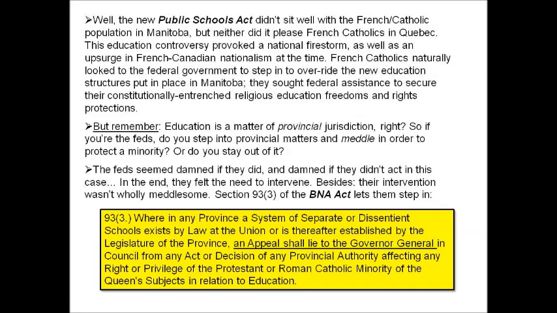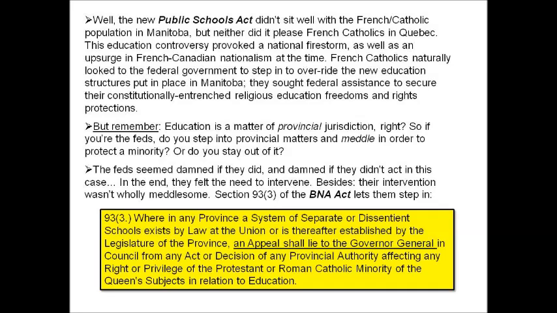Well, the new Public Schools Act didn't sit well with the French Catholic population in Manitoba, but neither did it please French Catholics in Quebec. This education controversy provoked a national firestorm, as well as an upsurge in French-Canadian nationalism at the time. French Catholics naturally looked to the federal government to step in, to override the new education structures put in place in Manitoba.